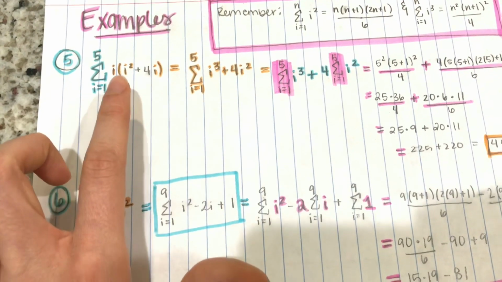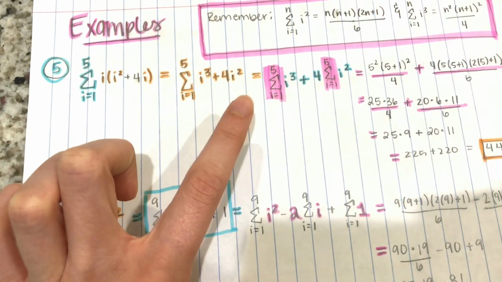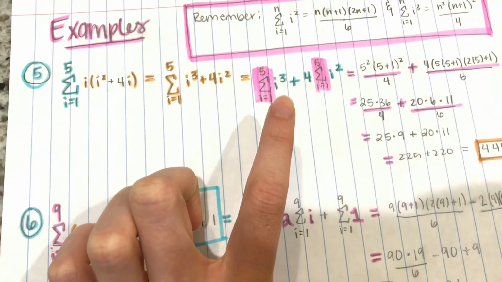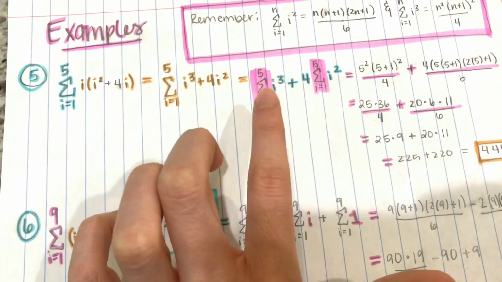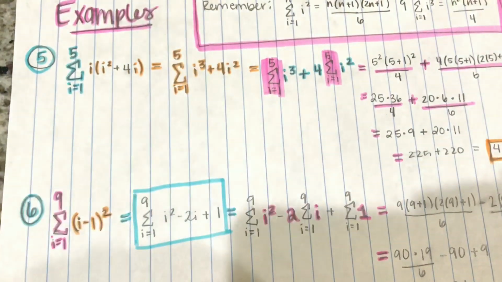The first thing I did is I distributed the i. So this became i cubed plus 4i squared, and then I separated the sums. As you can see, don't ever drop your sigma notation.